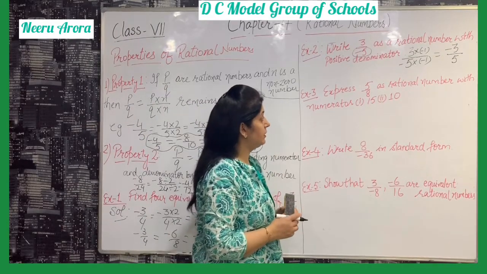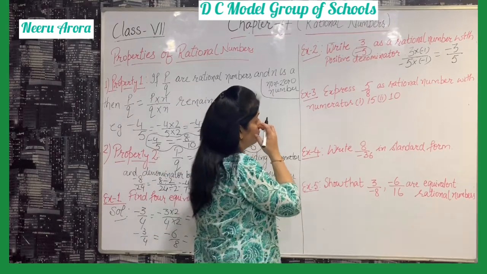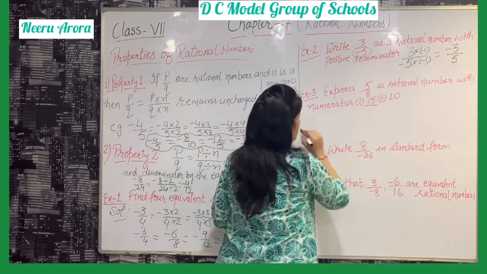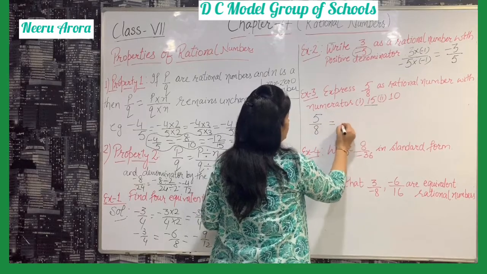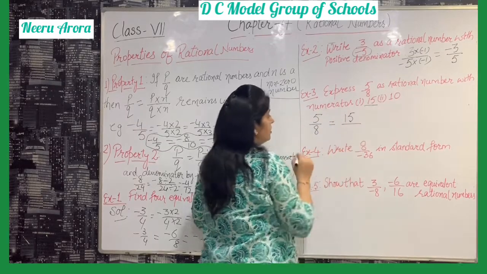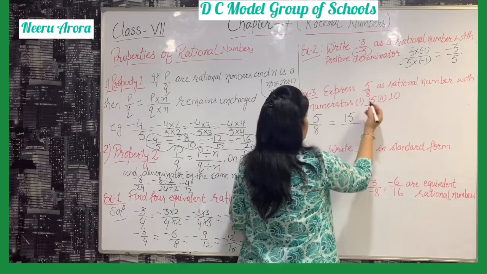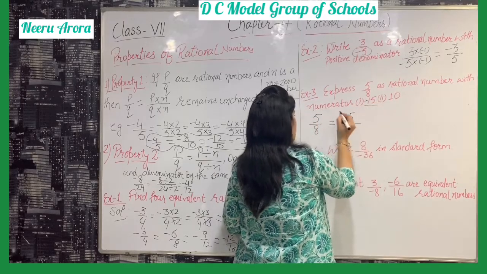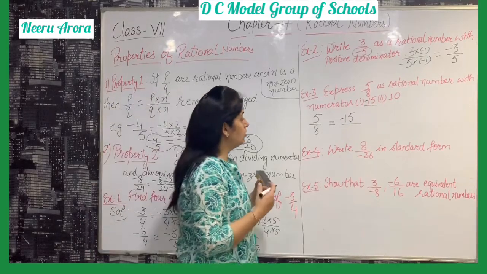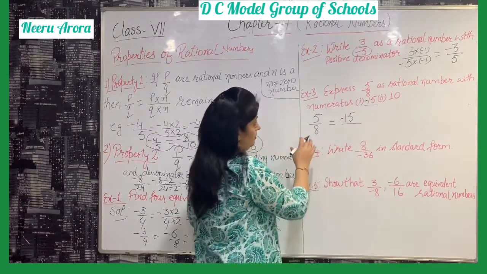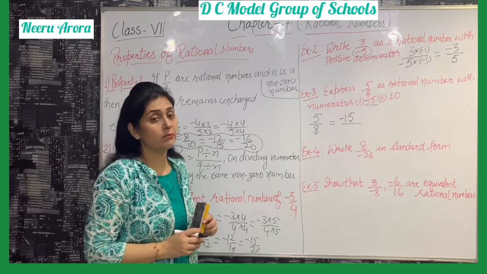Now look at the next example. Express 5 by 8 as a rational number with numerator minus 15. Now this is our rational number and we want the numerator to be minus 15. So what will be the denominator? To make it minus 15, with which number will we multiply 5?